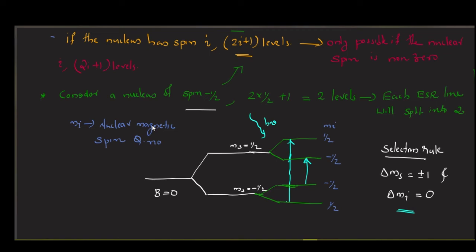In both cases, these selection rules are satisfied. So, this represents the energy levels and allowed ESR transitions when an unpaired electron interacts with the nucleus of spin I equal to half. This is specially for a nucleus having spin half.